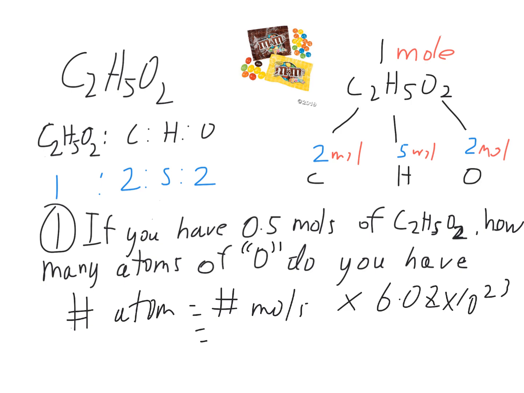Now because number of moles is 1, this just becomes 1 times 6.02 times 10 to the 23, which works out to be 6.02 times 10 to the 23. And that's your answer.